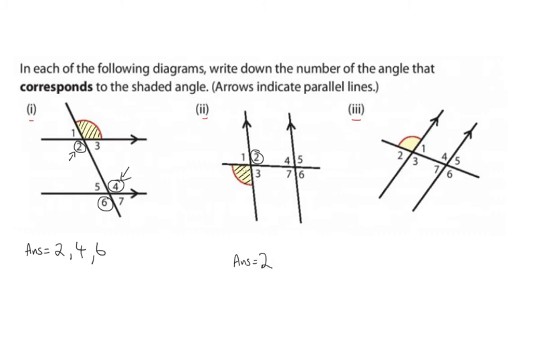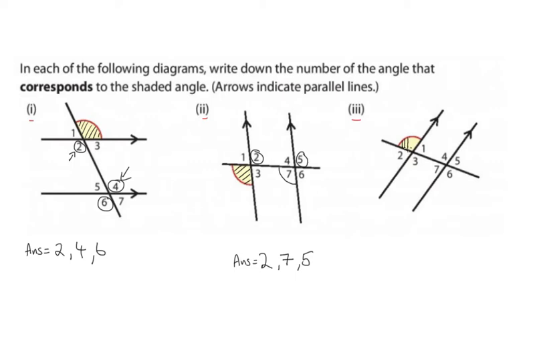And by the rule of parallel lines, this shaded angle is also the same as this one. So 7 is also going to be the same as the shaded angle. And because 5 is opposite 7, 5 must also be the same angle, the same degree.